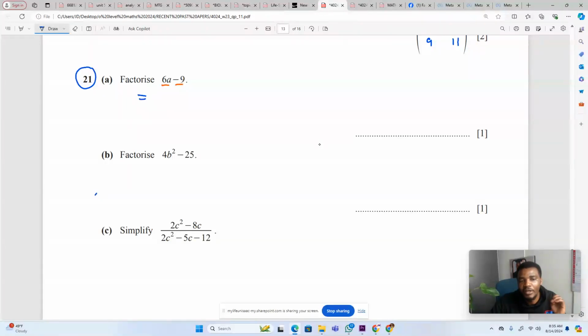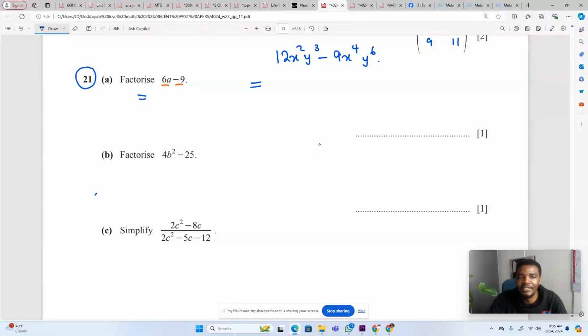But whenever you are looking for a highest common factor, let me put another example which is a bit more complex than this one. Imagine you've got 12x squared y cubed minus 9x to the power 4 y to the power of 6, and we want to factorize this.